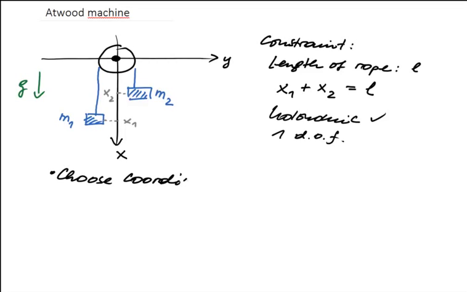So our generalized coordinate q is simply equal to x1. The transformation law is, we want to go back to the original Cartesian coordinates x1 and x2. x1 of q is simply equal to q by definition, and x2 of q is equal to L minus q.